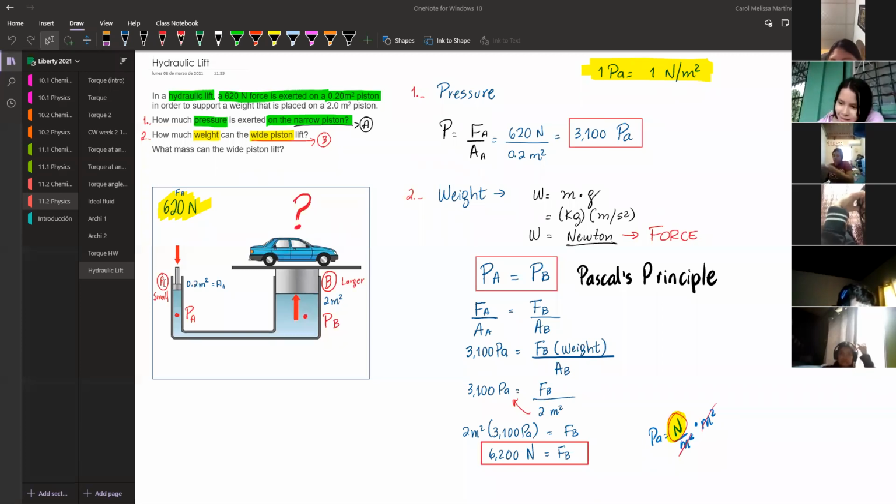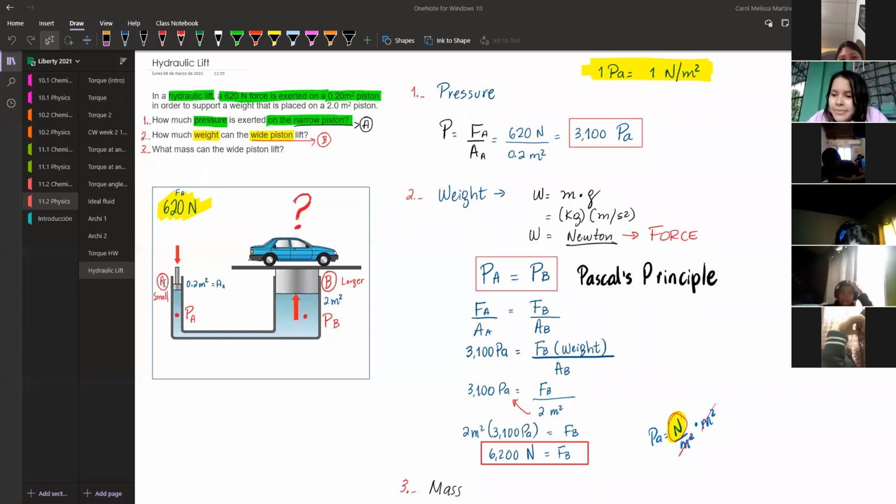Now I'm going to focus on the third one that says, what mass can the white piston lift? So I want to know what the mass that force represents. Okay, so what is the equation that relates the mass and has to do with the force?